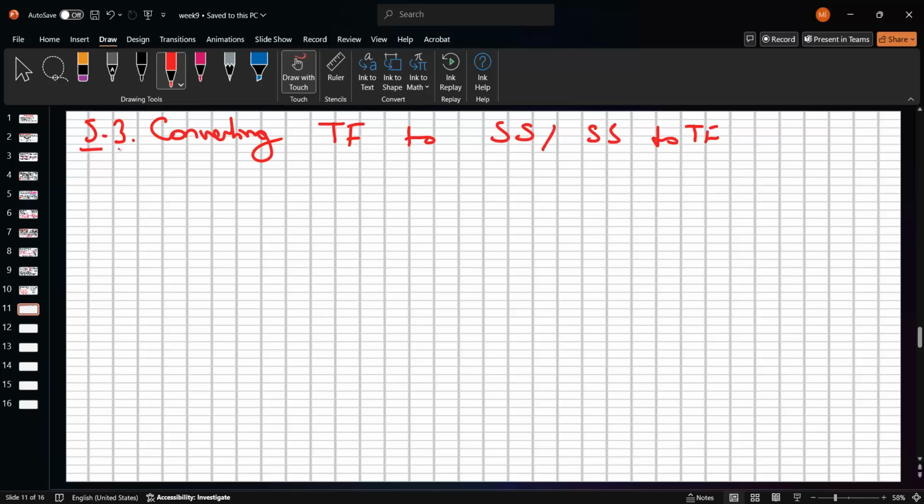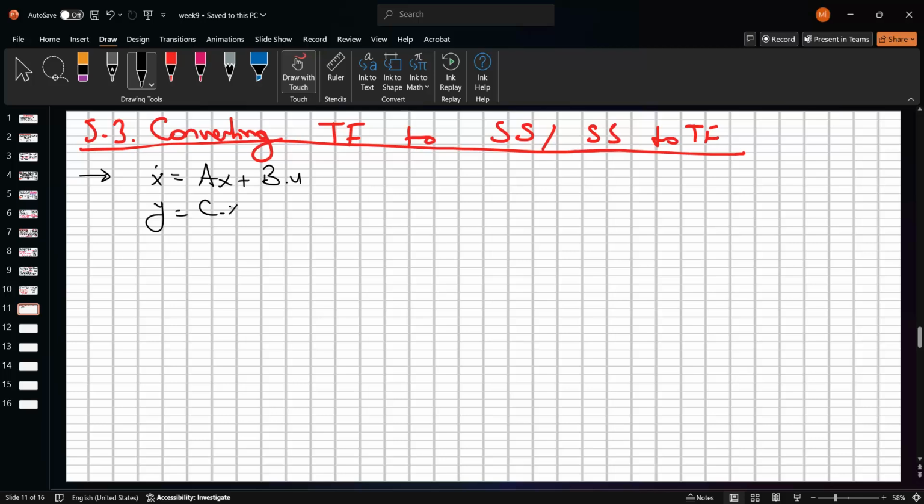We can convert state space into the TF, or the TF into the SS. But how can we do that? First of all, x dot is equal to Ax plus Bu, and also y equals Cx plus Du. Okay? These are the state space form.